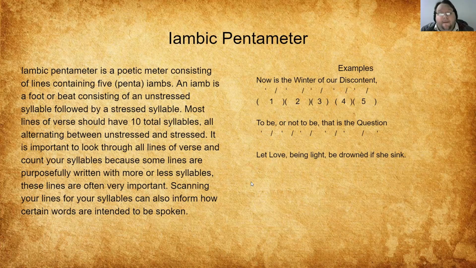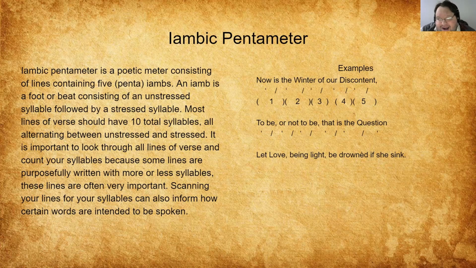Well, that's only 9 syllables, but look closely. See that little accent right above the E in "drowned." That's another clue from Shakespeare. That means "drowned" becomes "drown-ed." "Let love being light be drown-ed if she sink."